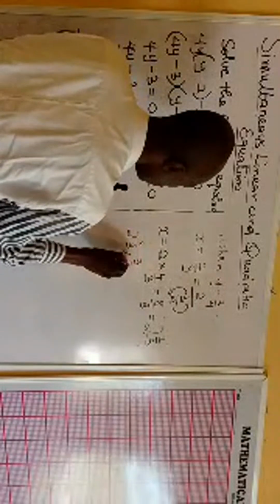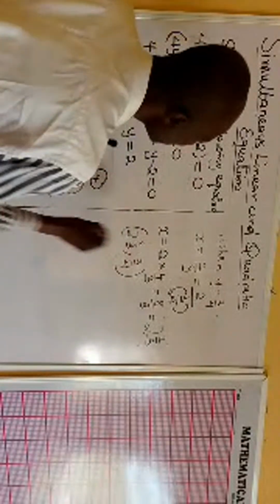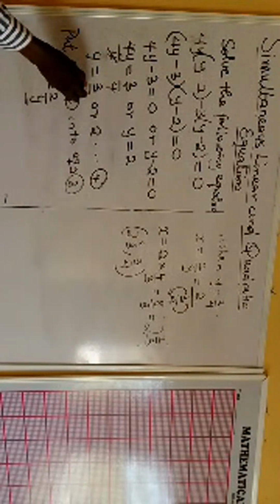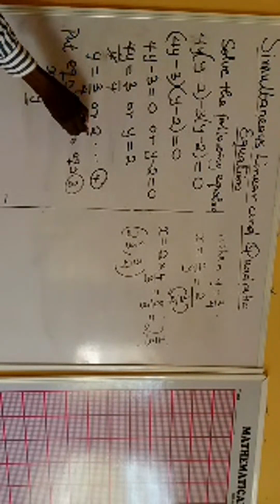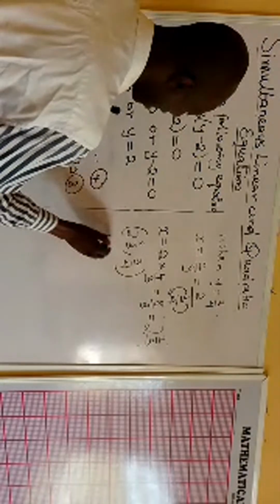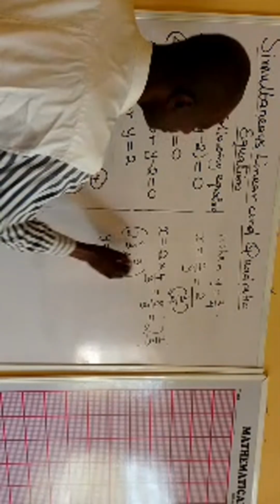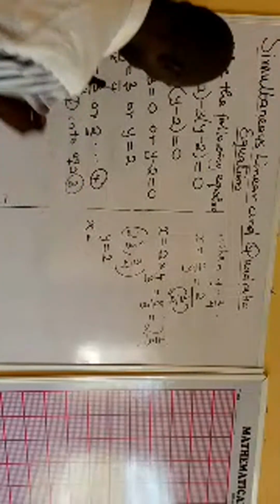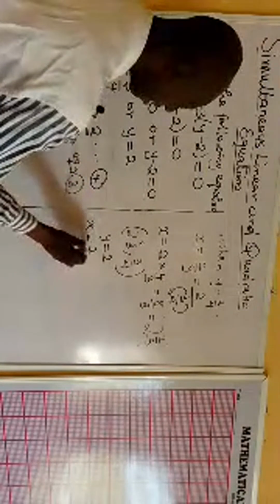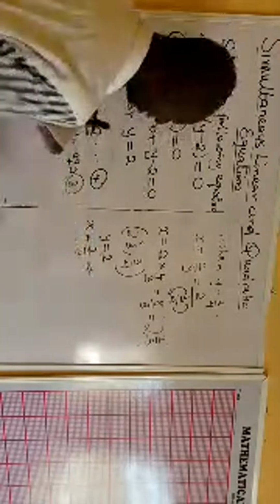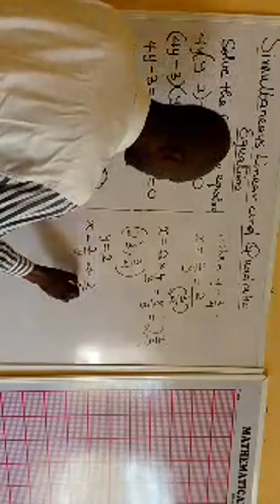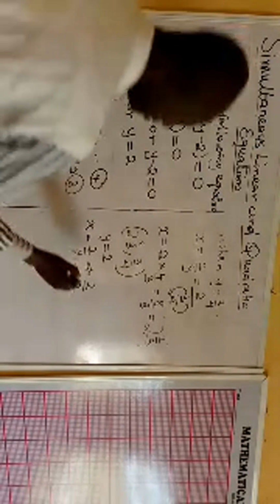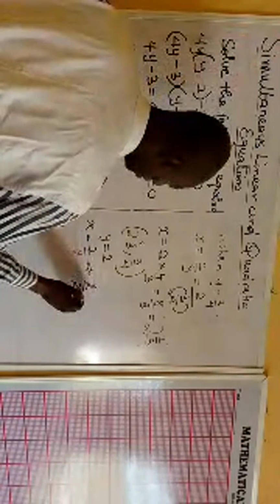Now, I have taken when y is this. Let me take when y is equal to 2. I will substitute into the formula. X is equal to 2 over y, which implies that it is 2 over 2. When you divide this, x is equal to 1.